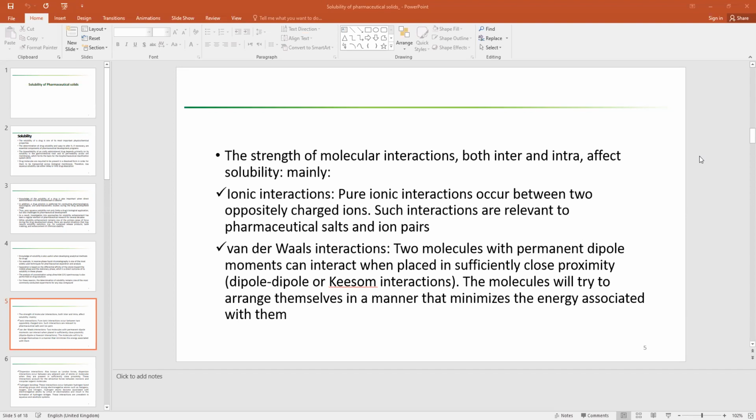Also, when you have two molecules with permanent dipole moment that can interact when placed in sufficiently close proximity, for example, ketone interaction, this is observed in what we call van der Waals interactions. And the molecules usually try to arrange themselves in order to have lower energy levels.